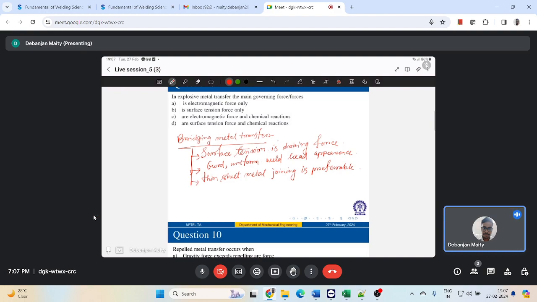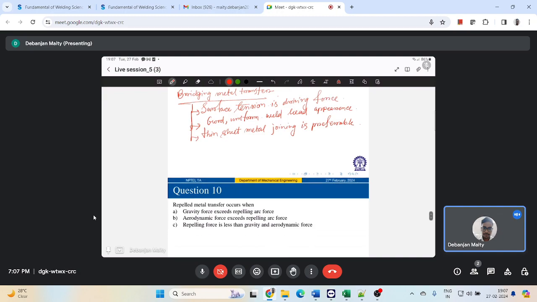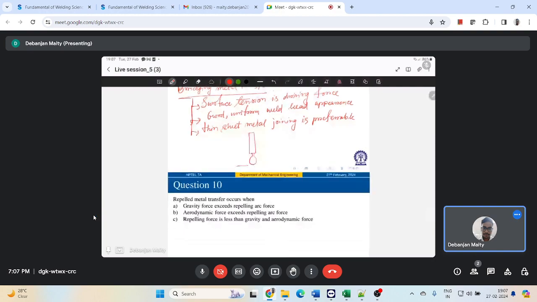So what is happening is, whenever the hanging drop touches the base metal, so let's say this is my electrode and this is the droplet, whenever it touches the base metal, the circuit is shorted, right?